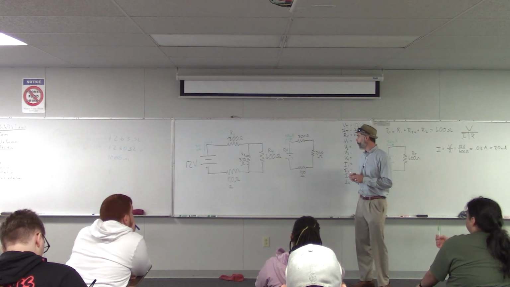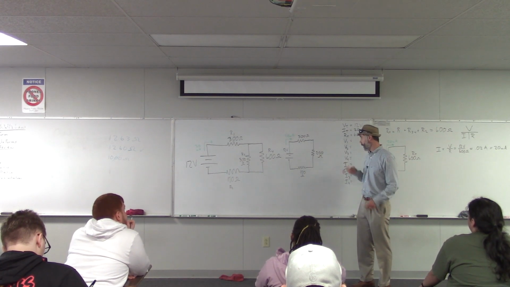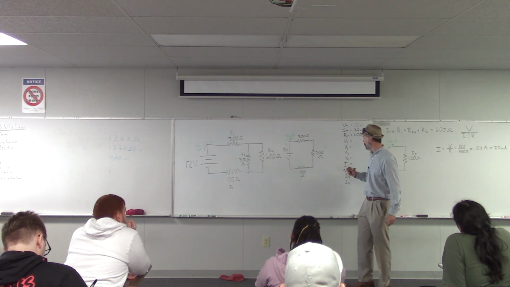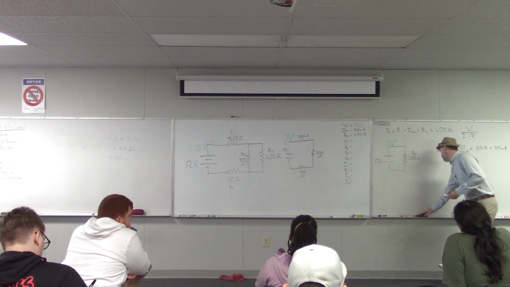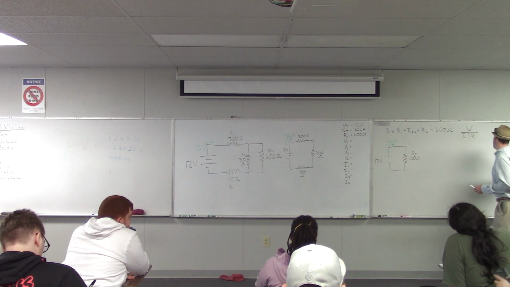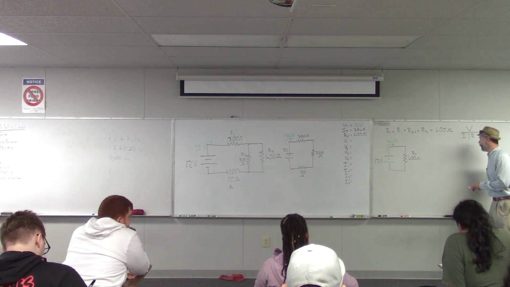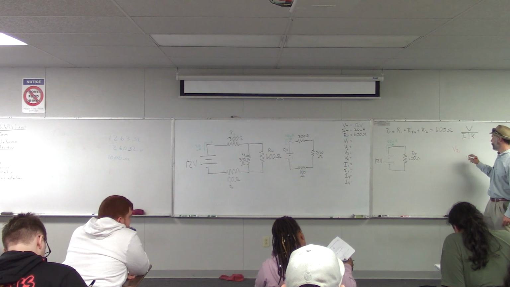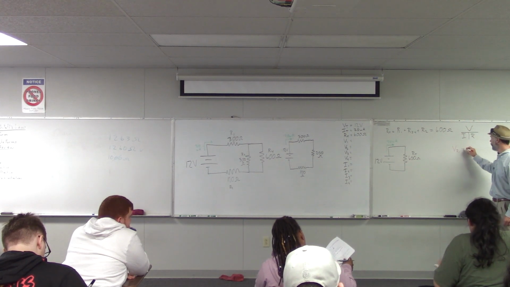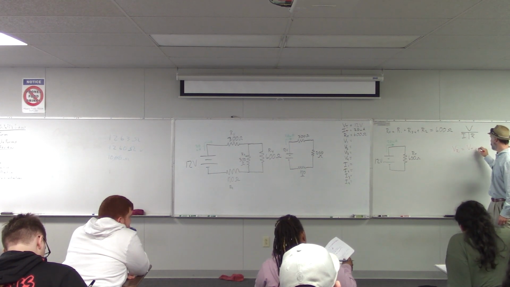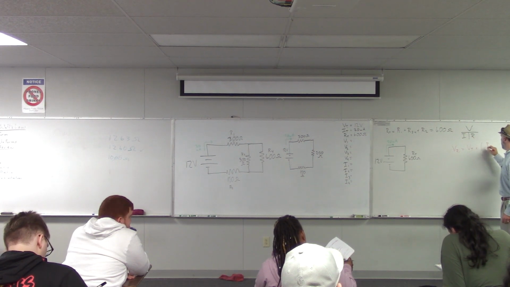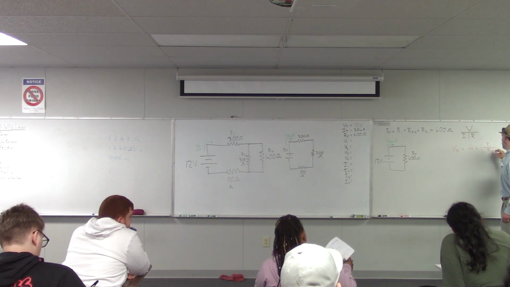So we had that voltage divider formula, and we said that the voltage on a particular resistor, say R1, is the total voltage times R1 over R total.